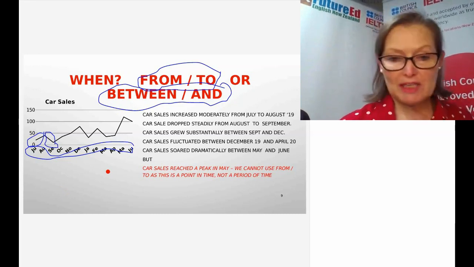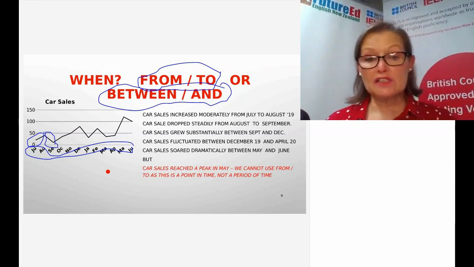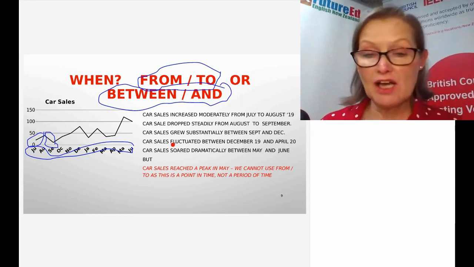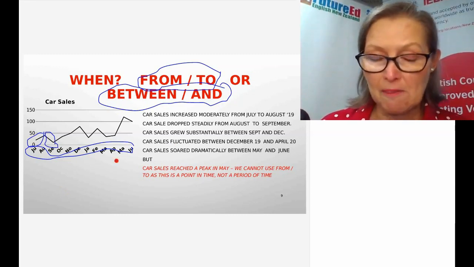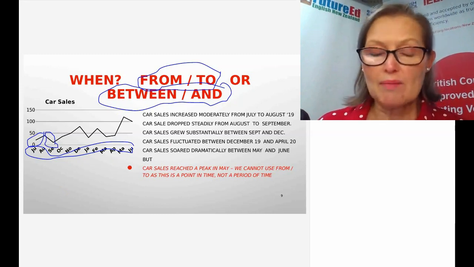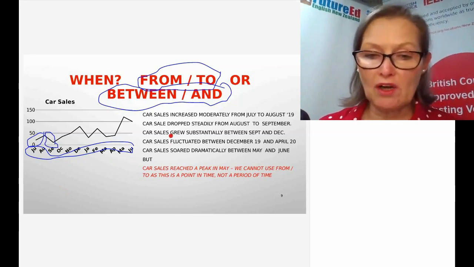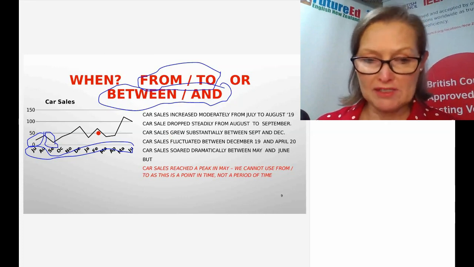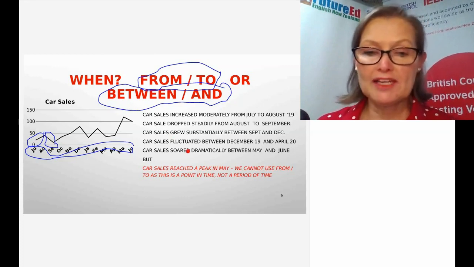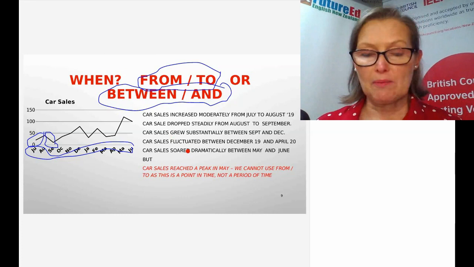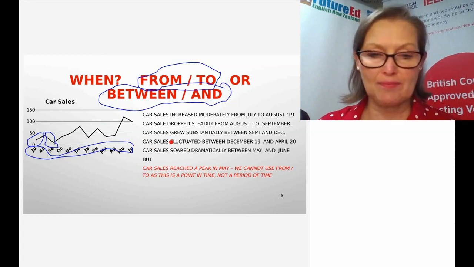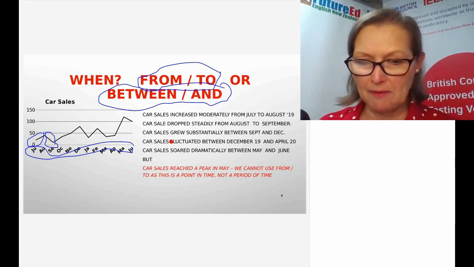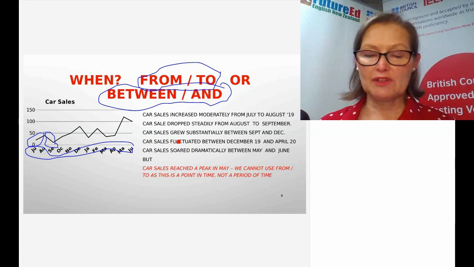Now, when we're describing a graph, we're not necessarily going to describe each change. The purpose here is practicing our prepositions to talk about when, but just for the moment, we're practicing using each up and each down. When we move on, we're going to be looking at the main trends, and we won't be describing each up and each down. So let's have a look at the next sentence.